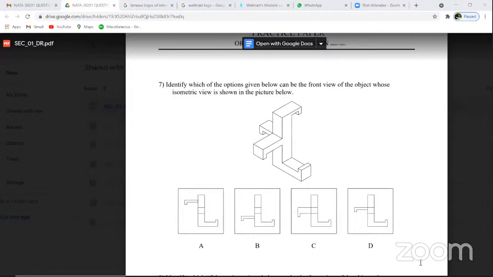I'll put the answer on the chat. If you can hear, very good. Otherwise, I'll put it in the chat. Are you guys able to hear me?